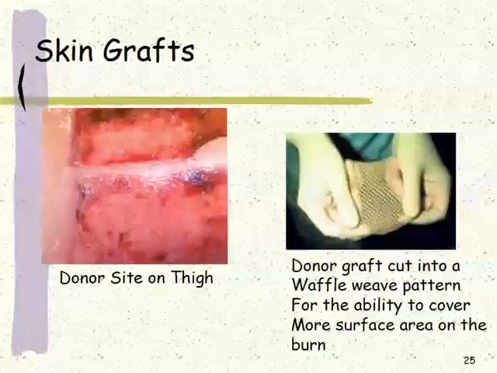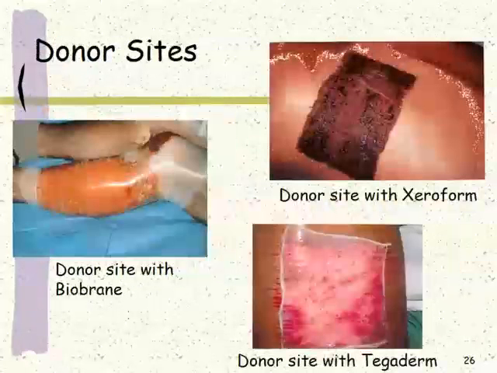And within about a 1-month period of time, there's going to be enough skin in those cells to cover an entire body. So the patient would need to have some sort of synthetic grafting in the meantime, or something to cover that burn site.